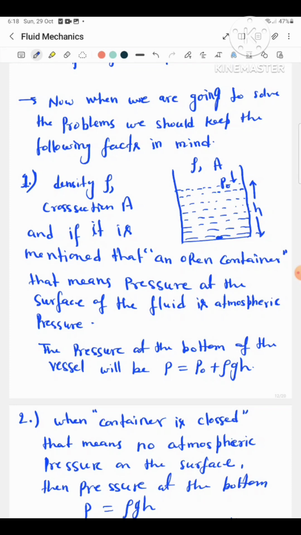Now when we are going to solve problems, we should keep the following facts in mind. Suppose the same container, cross-sectional area A, density rho, atmospheric pressure P naught, filled to depth h.